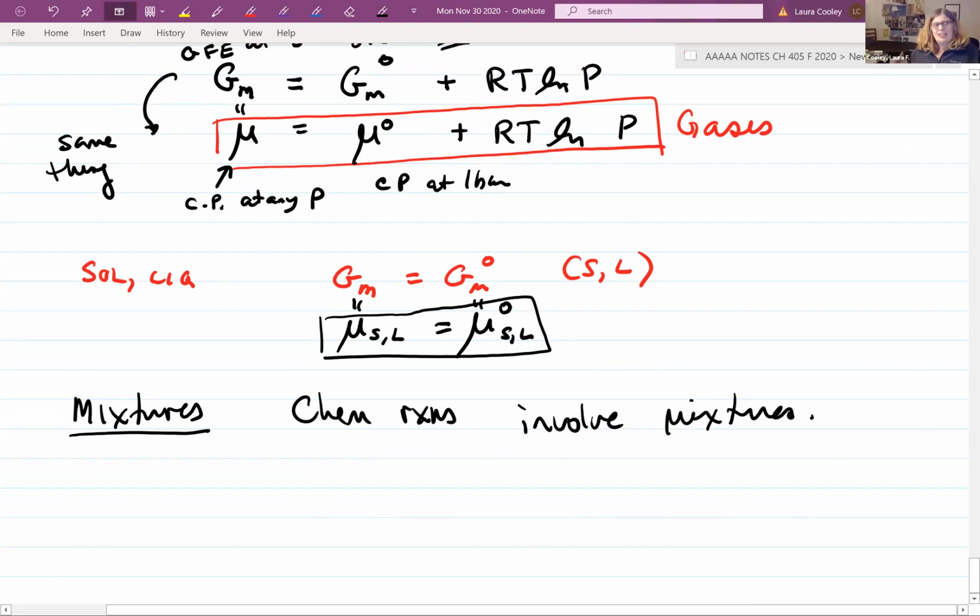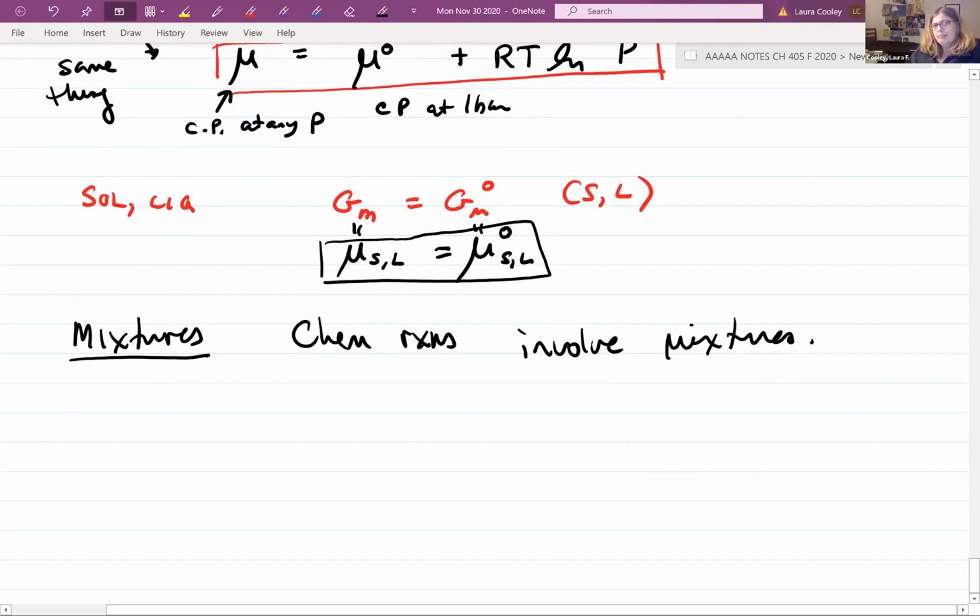Even if A just decomposes into B, eventually you have a mixture of A and B, right? So this means you need to think about how the Gibbs free energy of a mixture changes when the moles of any one of the components of the mixture changes, because that's what chemical reactions are all about. So we need to think about this.